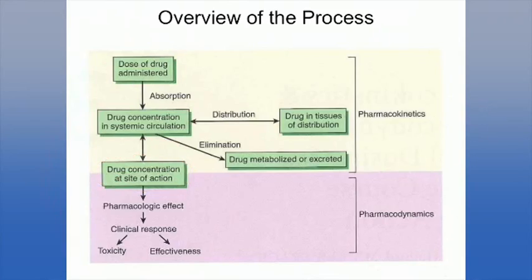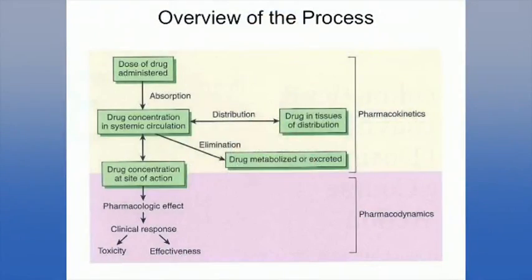Then once a drug reaches a certain concentration at its site of action, it might be inhibiting an enzyme, it might be blocking a receptor or activating a receptor. What you're looking for then is a response, a pharmacologic response. Let's, for example, switch from aspirin and use a blood pressure pill as an example.